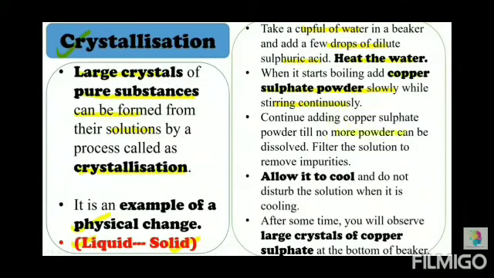This crystallization is the best process as we get the crystals naturally from the seawater for getting the salt. But this is also used in industries to form the crystals of many substances like sugar, common salt, alum and copper sulfate.